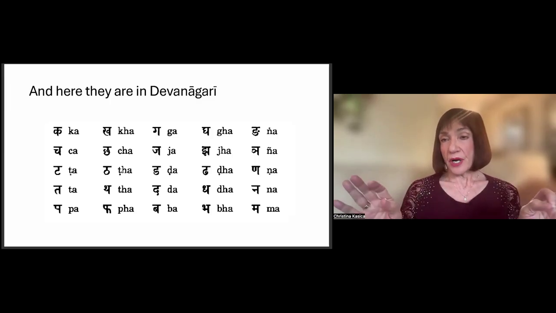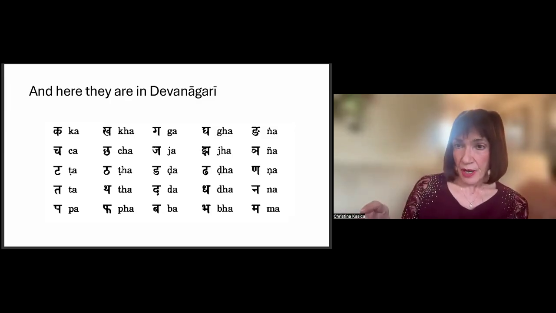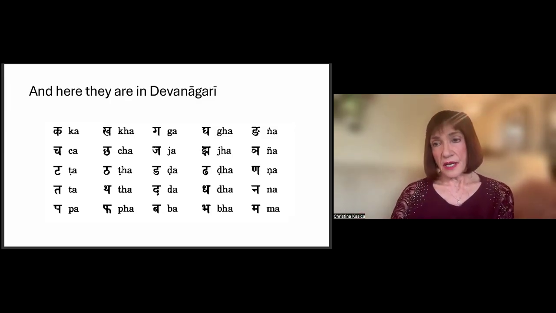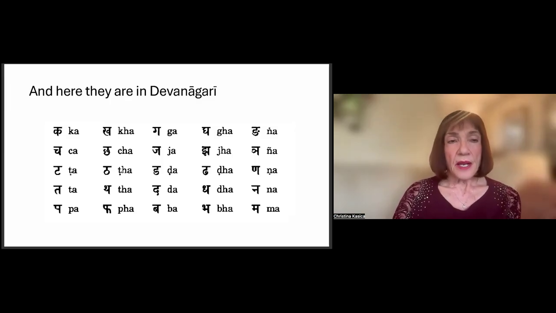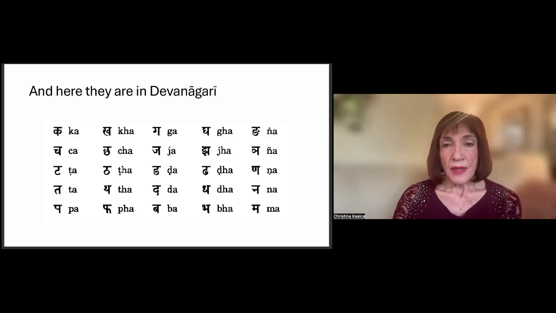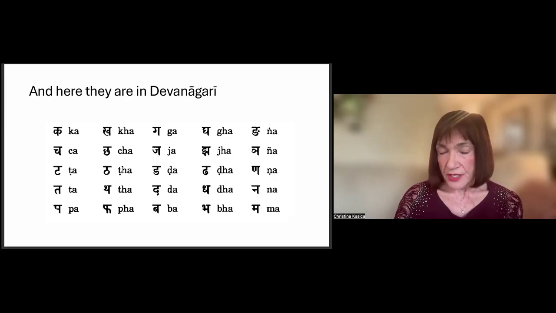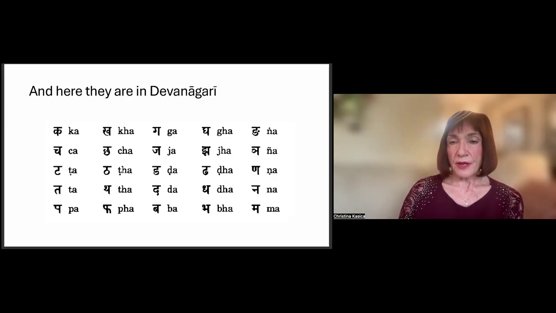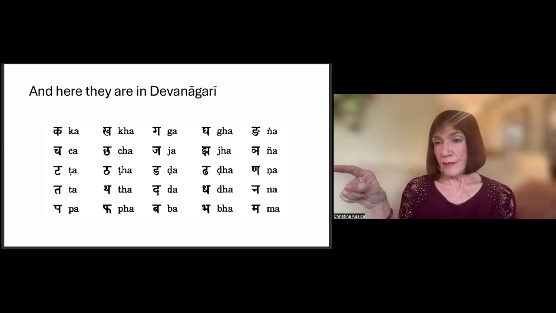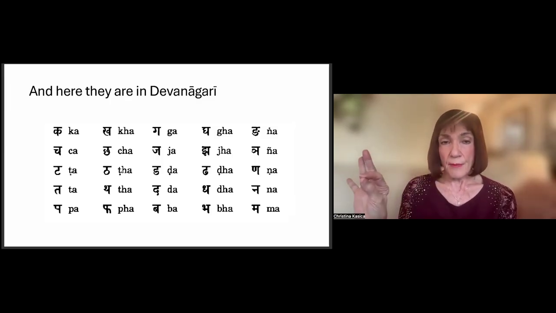So the sutra is the line that goes above all Devanagari letters. And I want to point out here that some of these letters break the sutra. So there's not a completely solid line above.